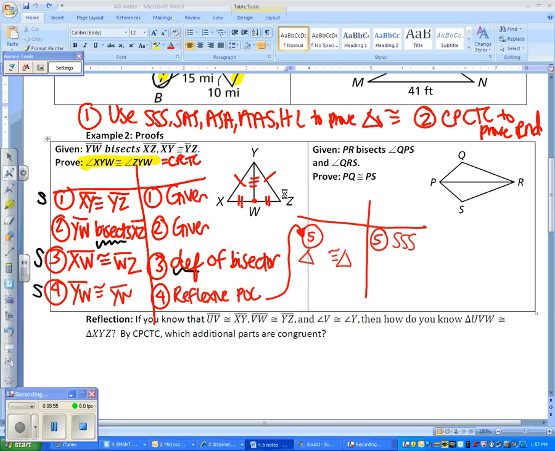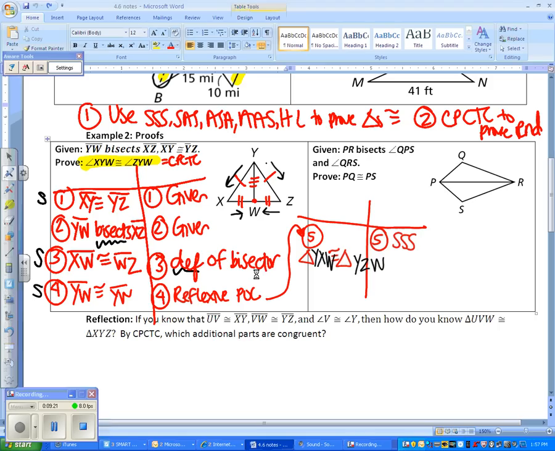Remember in class, I said I like to read 1 tick mark to 2 tick marks to 3 tick marks. So I'm going to label my triangles YXW, and for the second triangle, YZW.